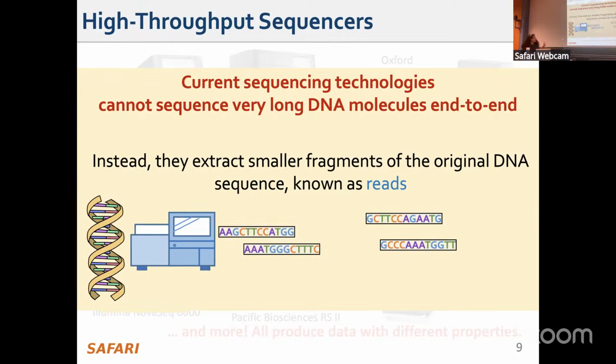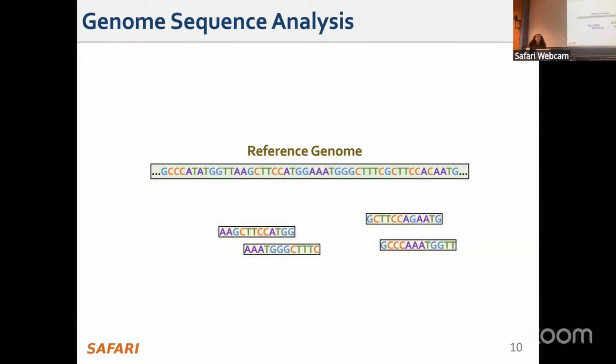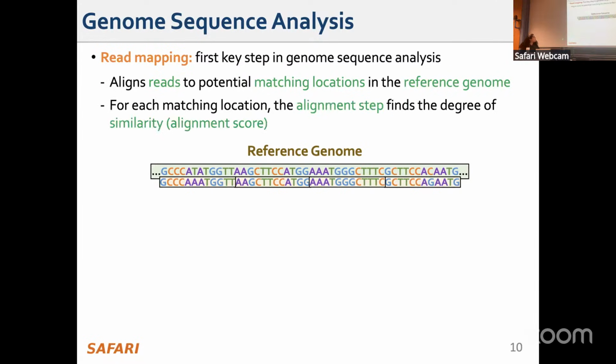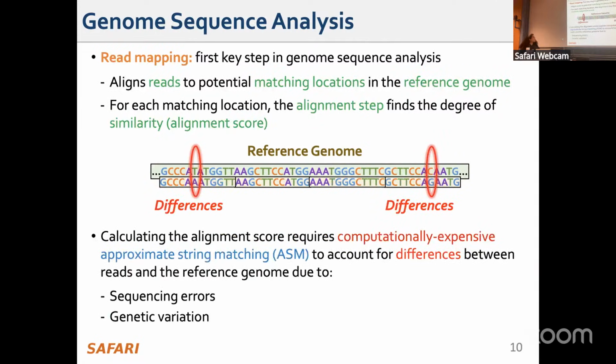So then what we need to do in many genomic applications, as the first key step, is something called read mapping. So let's say I have these reads from some organism or some sample, let's say a human sample, and that's a reference genome, let's say of a relatively healthy human, so that's a reference. We want to do some read mapping to basically align the reads to some potential matching locations in this reference genome. And in the matching locations, with some expensive operation of alignment, find the degree of similarity and differences between them.